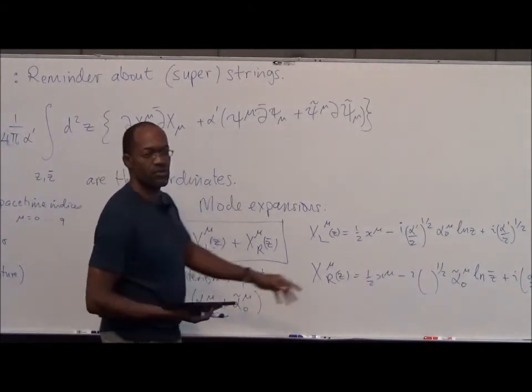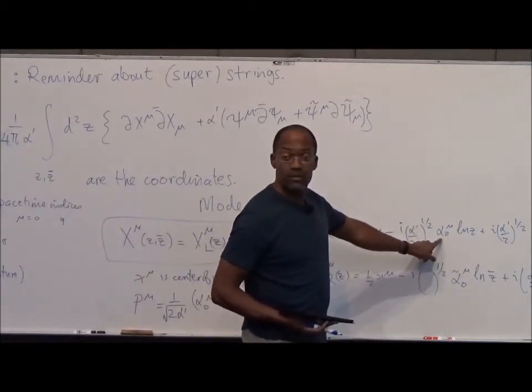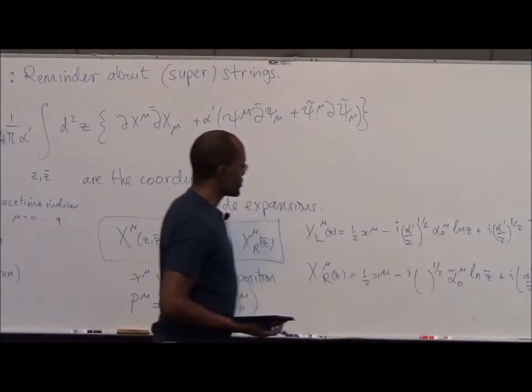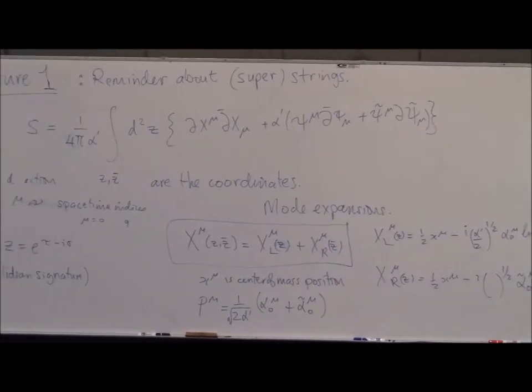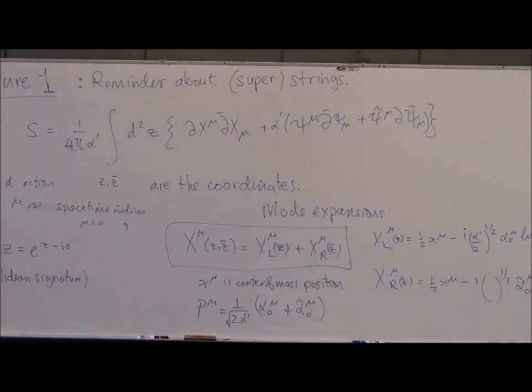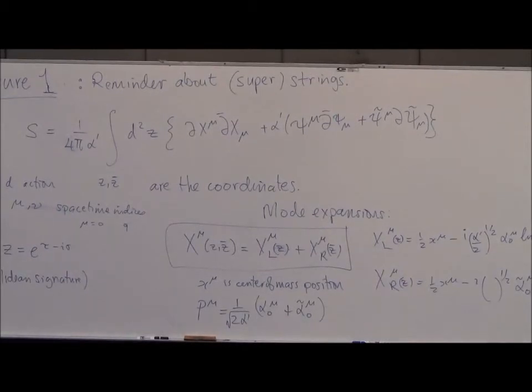There's another zero mode, alpha 0, and alpha tilde 0, and the sum of those with that normalization gives me the center of mass momentum.